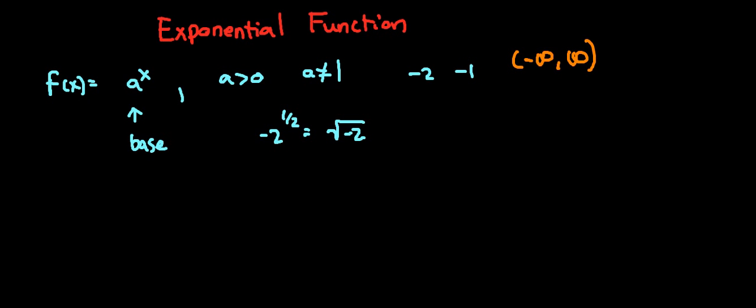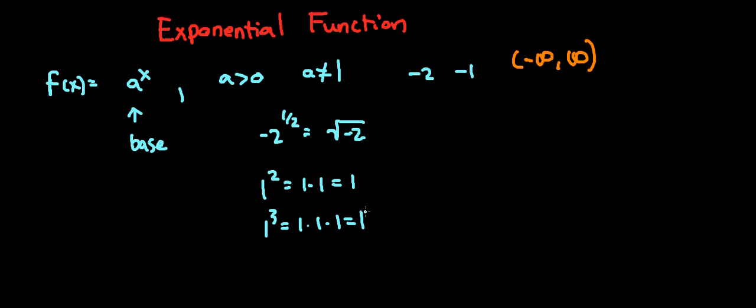And the reason we don't include a is equal to 1 is because if we have 1 raised to the second, it's the same as 1 times 1, which is equal to 1. If we have 1 raised to the third, it's equal to 1 times 1 times 1, which is equal to 1 as well.